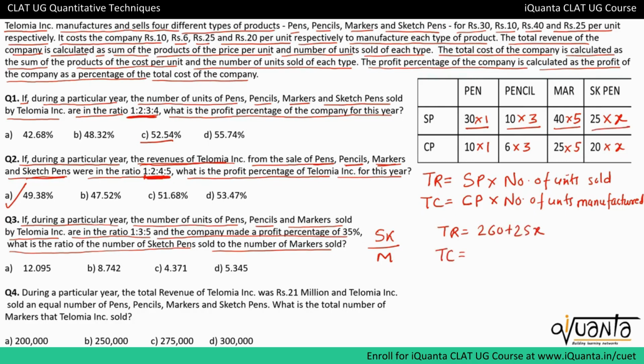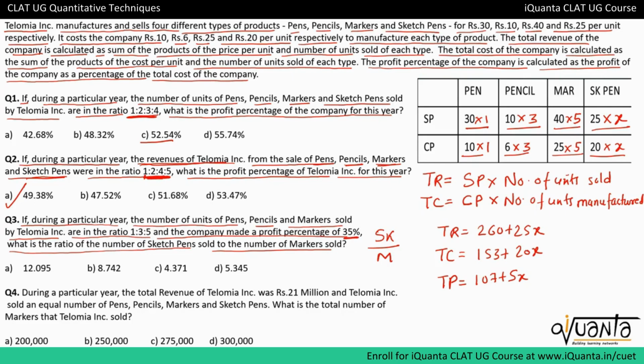The total cost here will be 10 plus 18 is 28, 28 plus 125 is 153, plus 20x. So the total profit here will be total revenue minus total cost. So that will be 107 plus 5x, and we have been given that the total profit percent here is 35%.